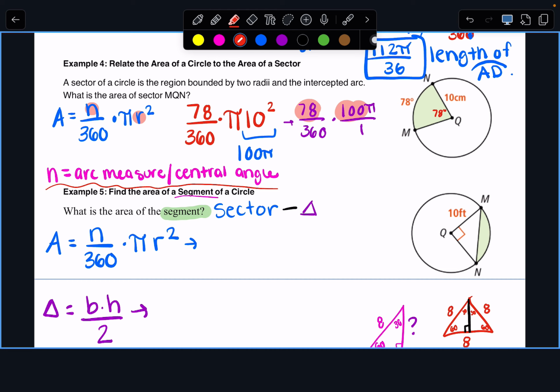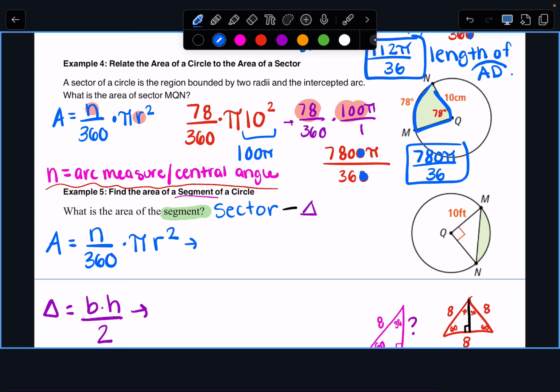And we are getting 7,800 pi on top, and on bottom 360. And for simplifying, we're just going to take out as many zeros on top and bottom as we can, as long as we're doing it evenly. So we can only take off one zero on top and bottom, and that leaves me with 780 pi over 36. That is the area of our sector.